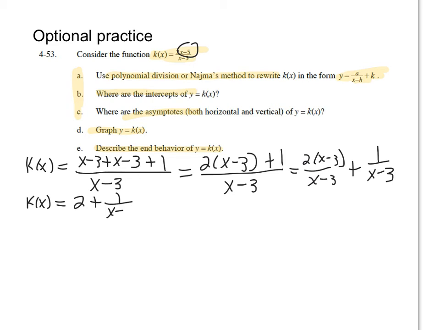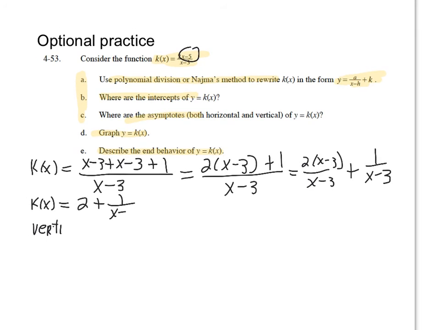My vertical shift is up 2, and my horizontal shift is going to be right 3.